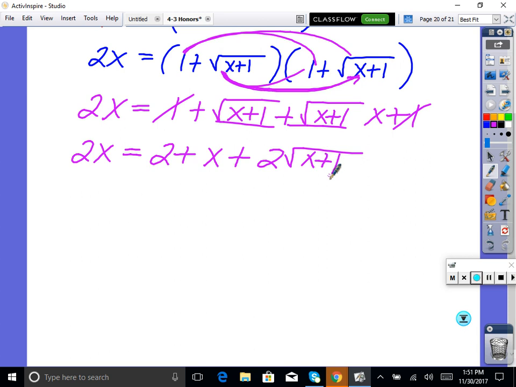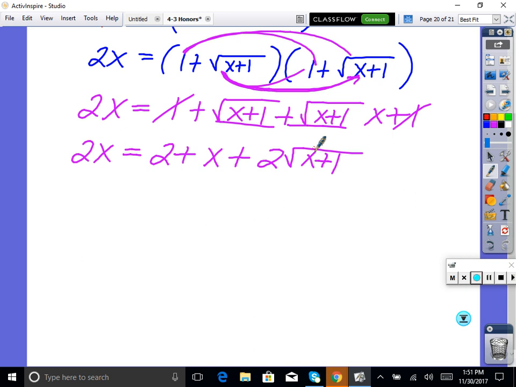Because when we combine like terms, the apple doesn't change, right? The radical doesn't change. The apple doesn't change. Okay, are we good from here?